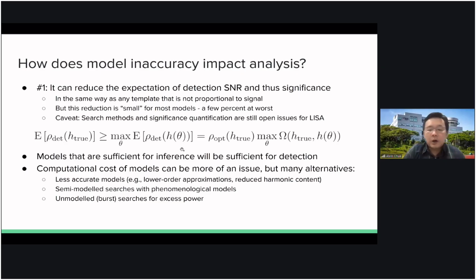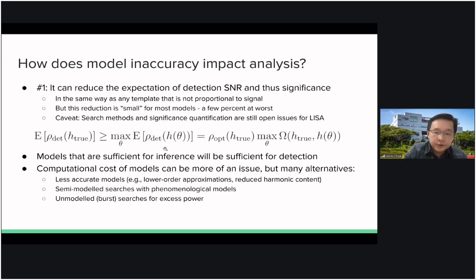So how does model accuracy impact the analysis of an individual source? The first way is that it can reduce the expectation of the detection SNR and thus the statistical significance. However, this is not anything profound. It just does so in the same way as any template that is not proportional to the signal reduces detection SNR.